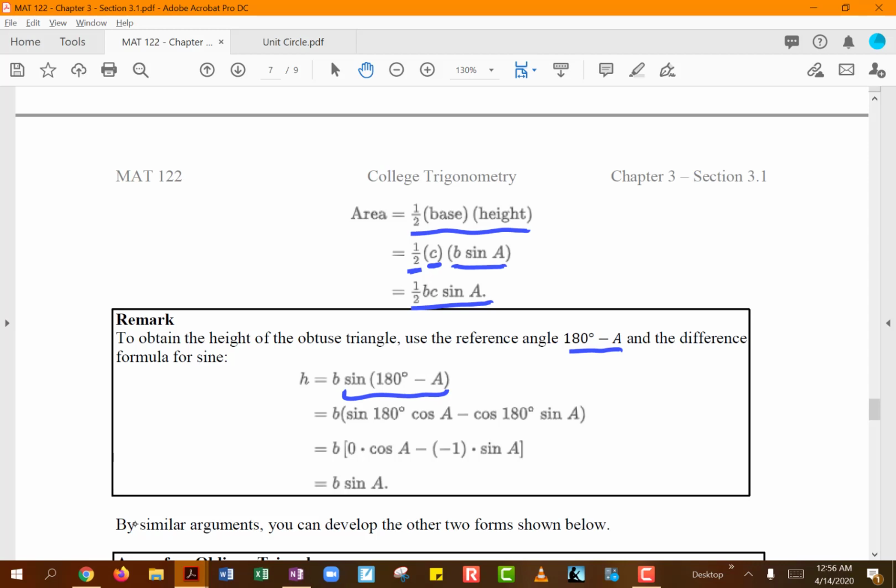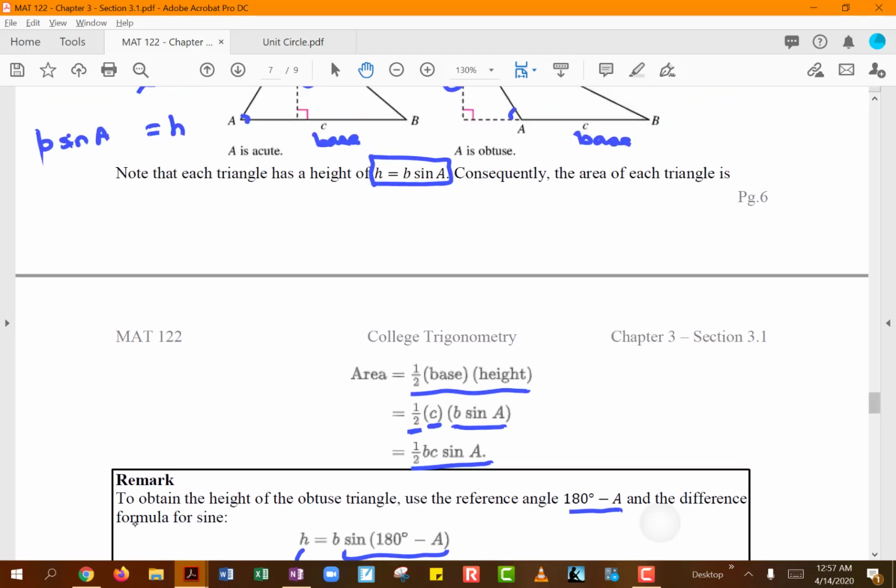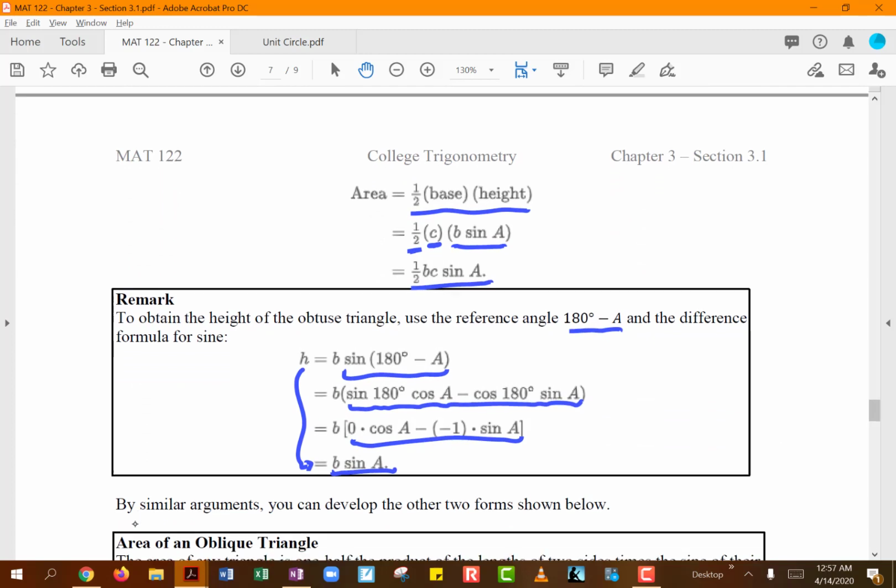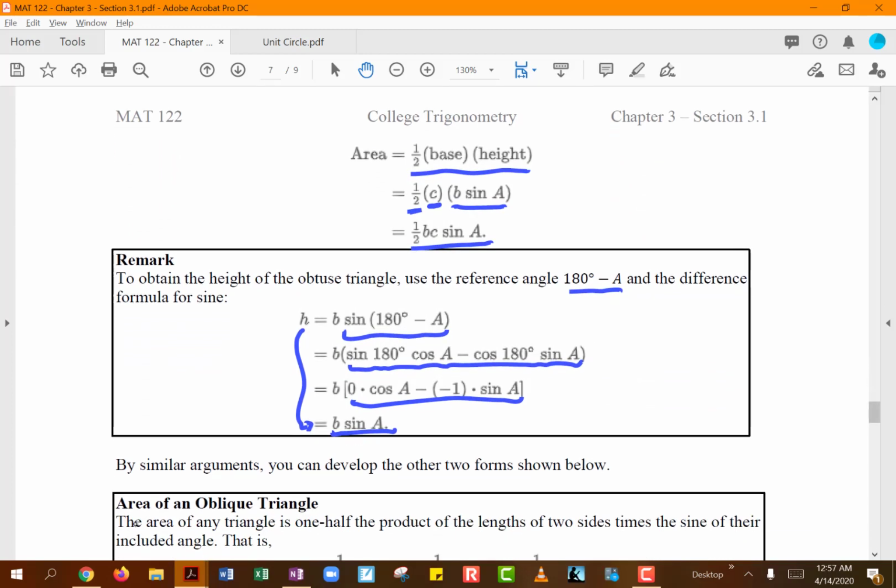So you're then breaking it up into sine of 180 cosine of A minus cosine of 180 sine of A. Sine of 180 is of course going to be 0 because that's at pi. Cosine of 180 would be -1, and just simplifying that, you can see this ends up getting you to that same result, H equals B times sine of A, which is what we already had here. So they're just kind of showing you how you can come up with that calculation by using this reference angle.